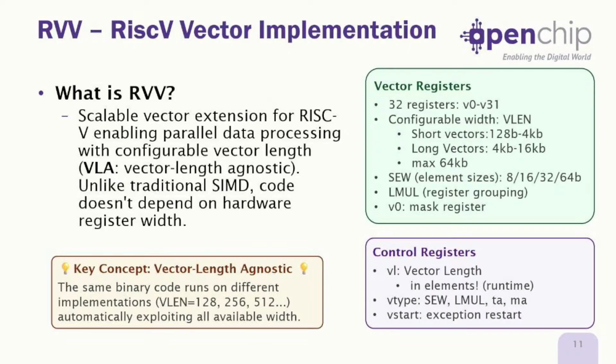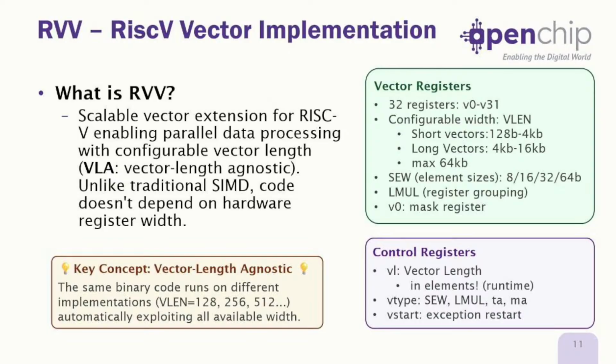Instead, let's talk about the RISC-V vector implementation now. It's a scalable vector extension because we saw that we can decide the length of the vector, we will see later on, at runtime. So we don't need to know how big is the vector register where we want to put the data inside the vector unit. And it allows to do the parallel data processing.